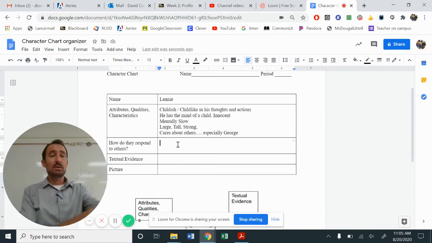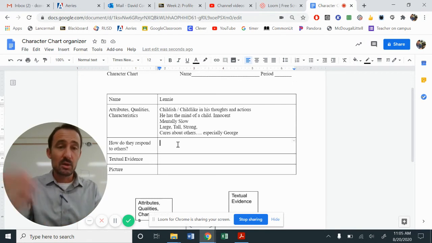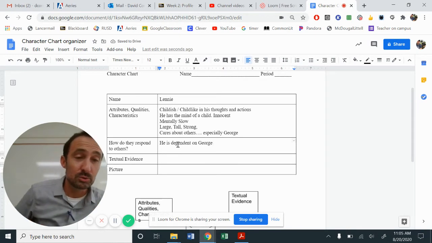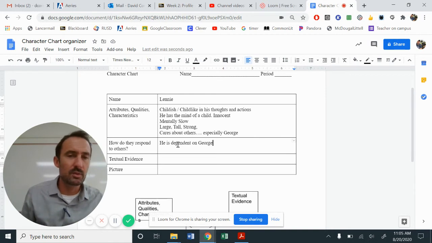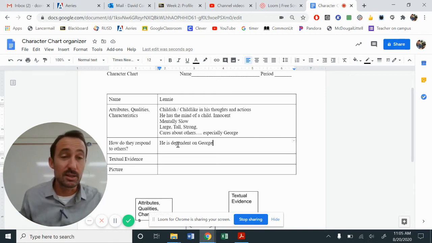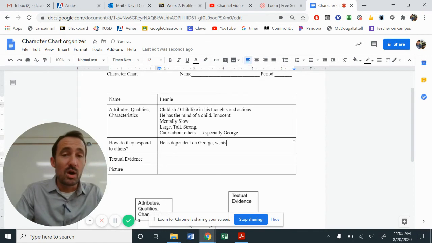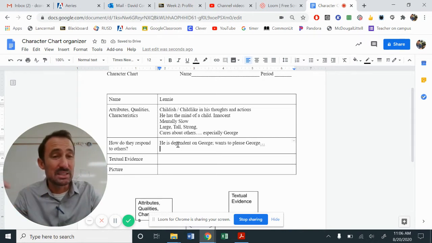Now, looking at how he responds to others. We can mark down that he is dependent on George. They got in an argument in chapter 1 where one said, oh, you go live in a cave and I'm just going to go live in a cave, and they start arguing, but then realize that they actually do need each other. So the way that he responds to others, he's dependent on George, wants to please George. And he also doesn't want to get in trouble, but he doesn't realize when he does get in trouble.